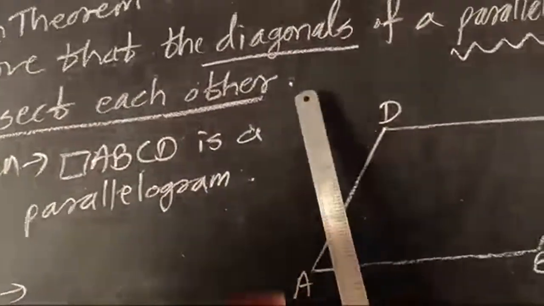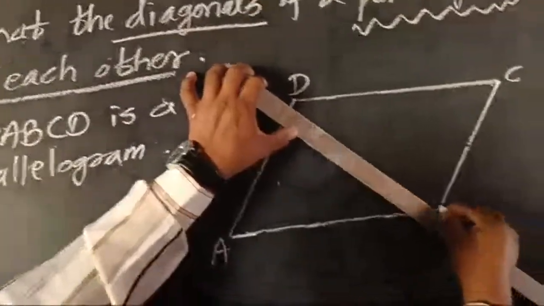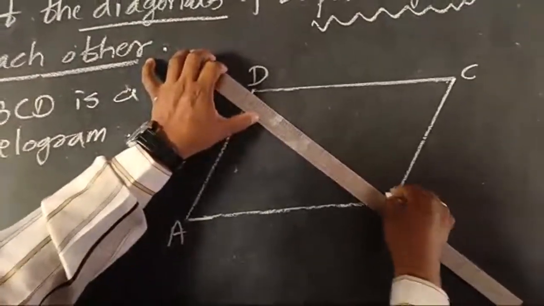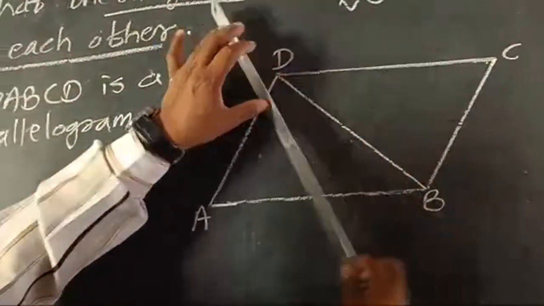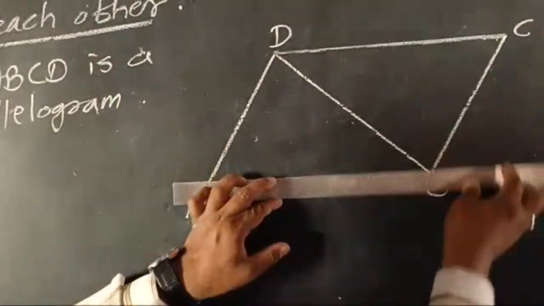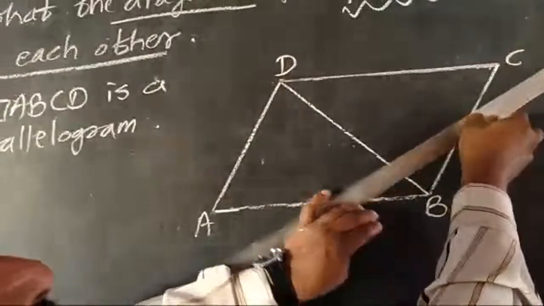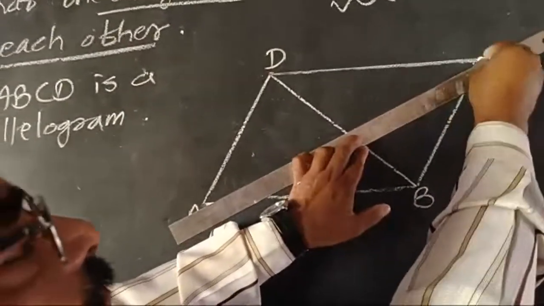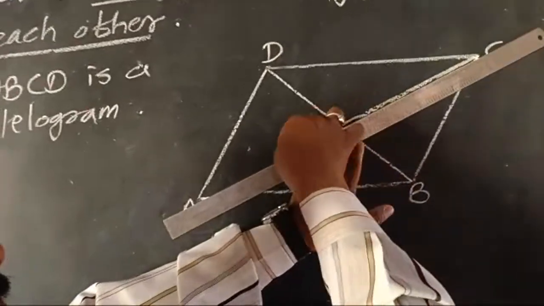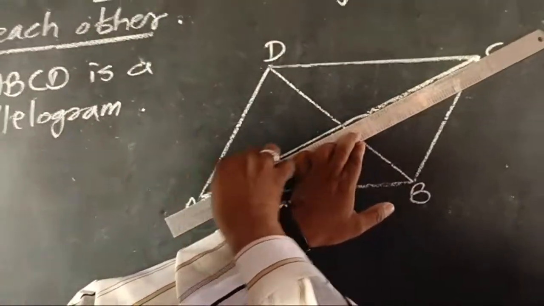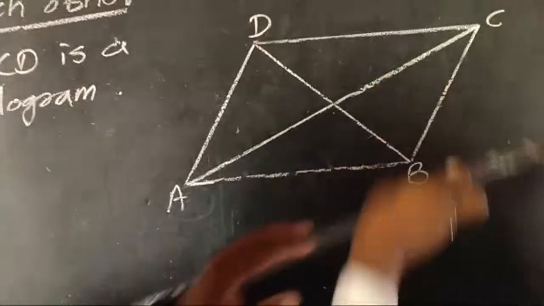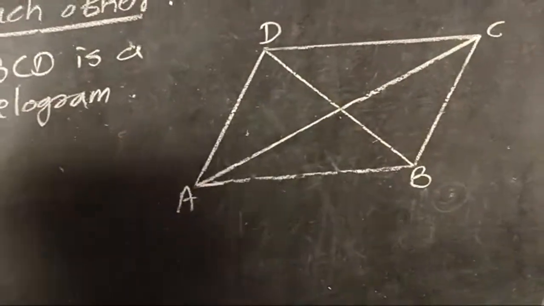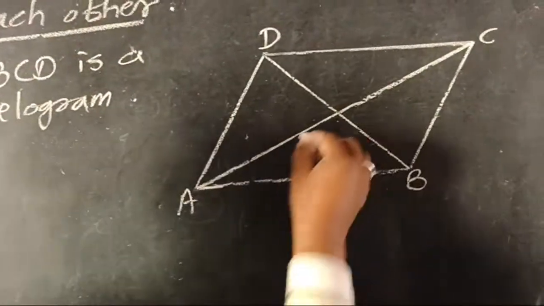We show here diagonals, and diagonals bisect each other.